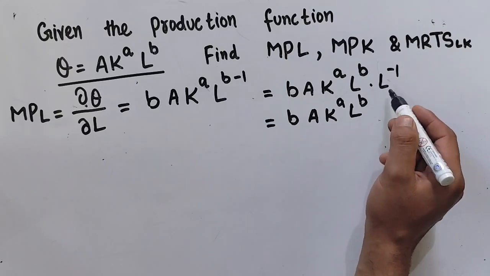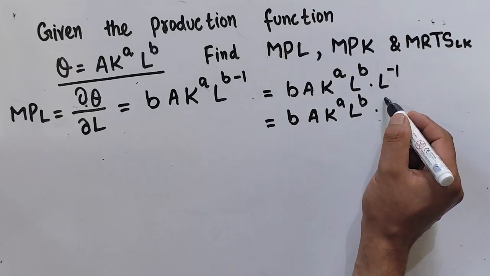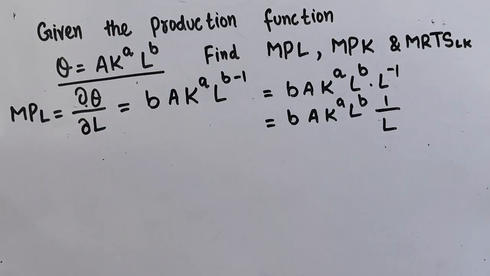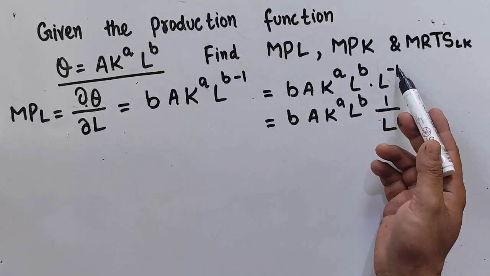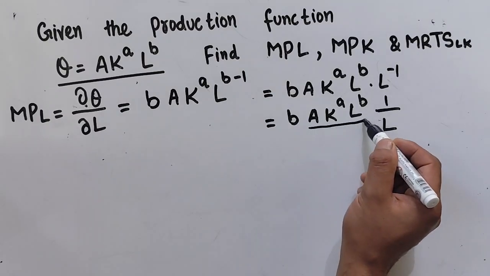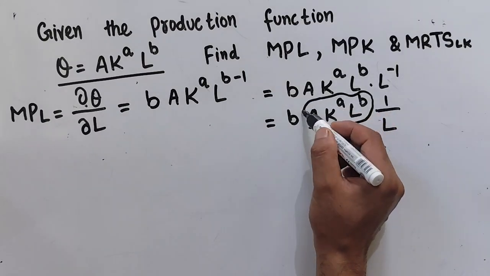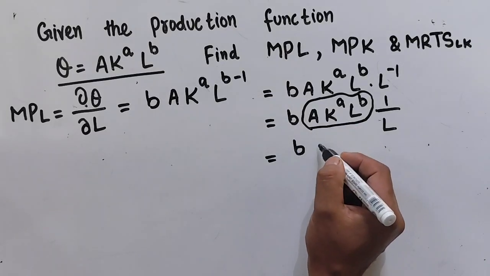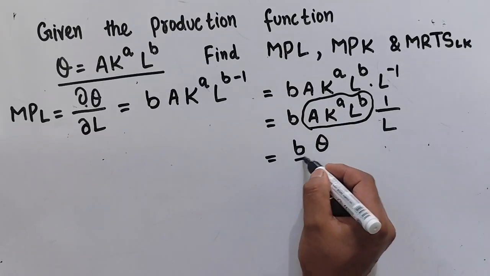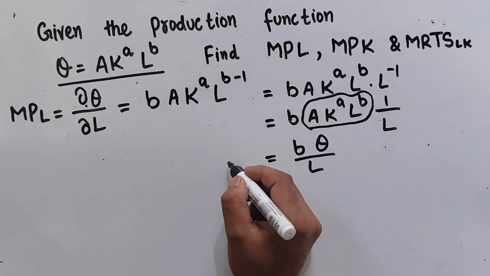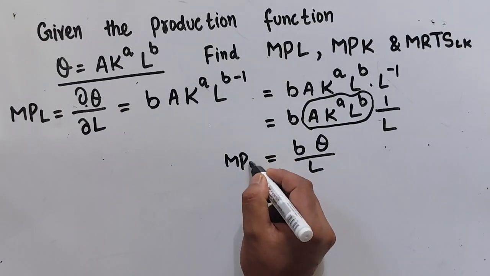Transposing this, it can be written as 1 upon L, because if I transpose numerator to denominator, the exponent sign changes. It is negative 1 here, it becomes positive 1. We know this thing is our output, the given production function. So we will get b times Q upon L. This will be the marginal product of labor.